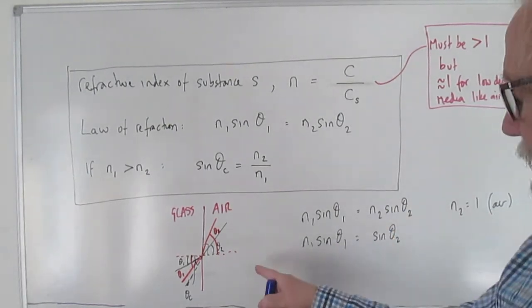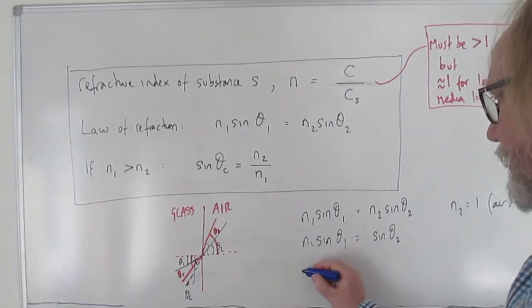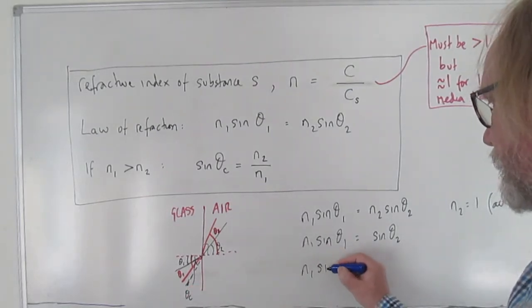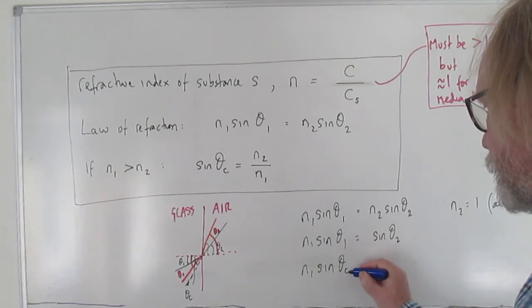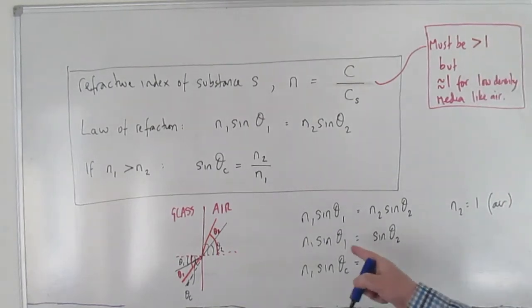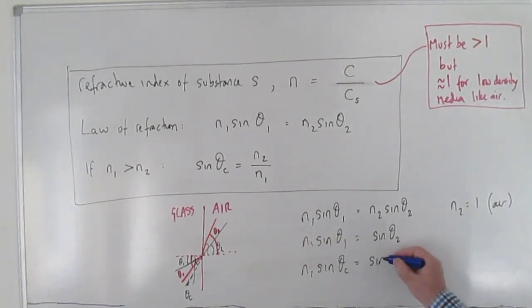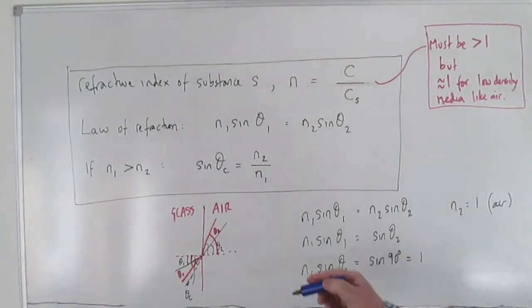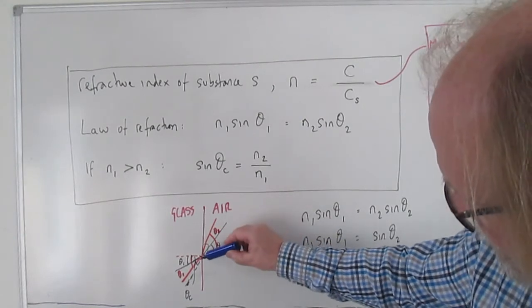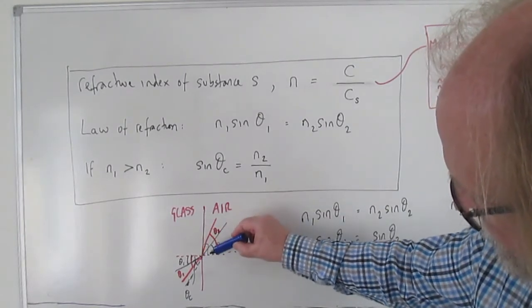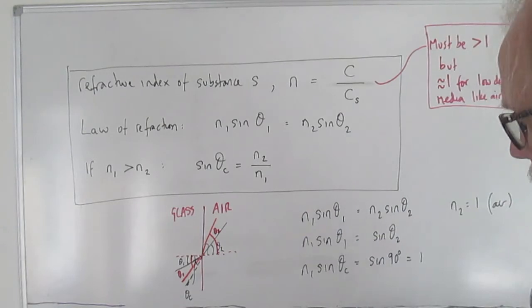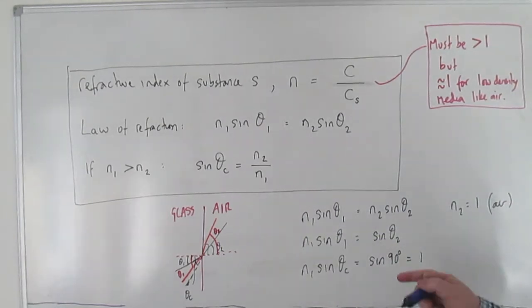And if we're at the critical angle, then we have n1 sine θ critical is equal to the sine of 90 degrees, which is equal to 1. Okay, because if the ray's been refracted all the way to there, then it's 90 degrees from the normal. So sine θ2 is sine of 90 degrees, which is equal to 1.